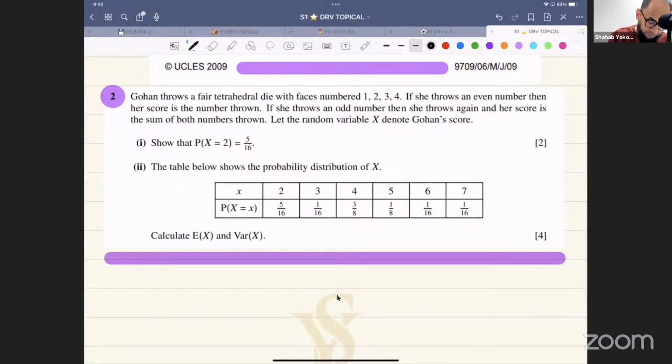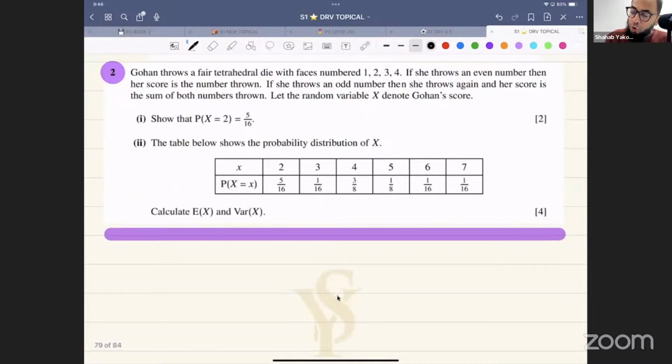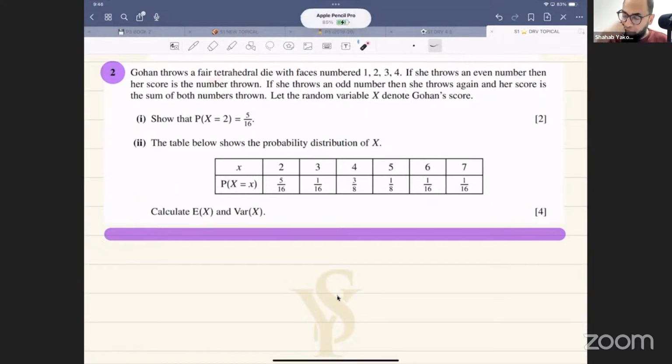Now let's get started. So over here it says Gohan throws a fair tetrahedral die with faces numbered 1, 2, 3, and 4.